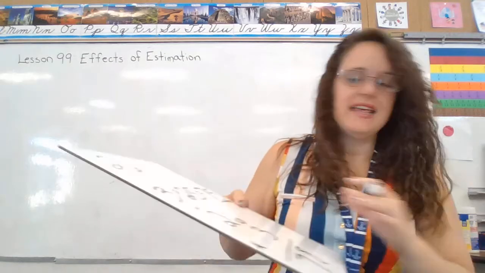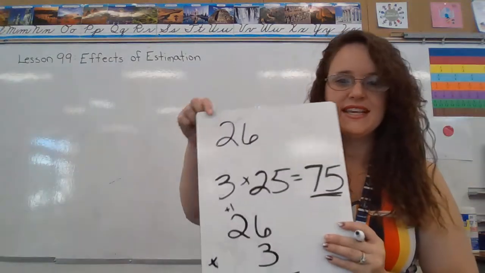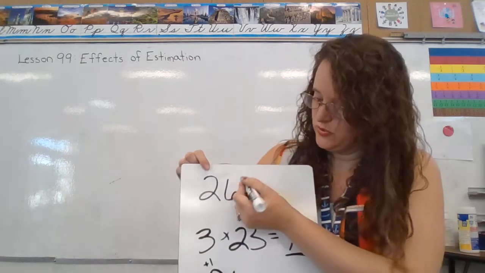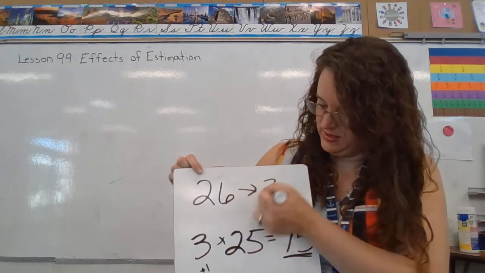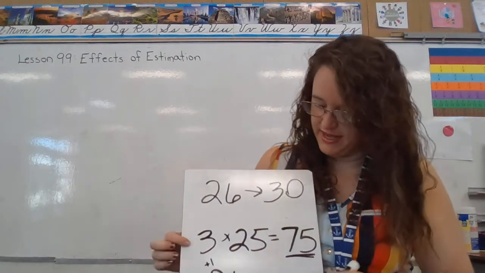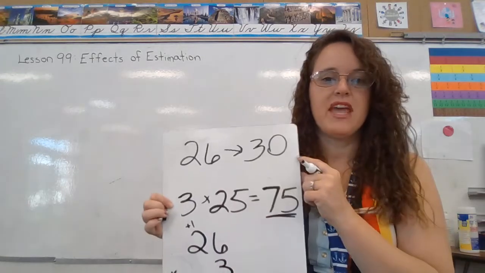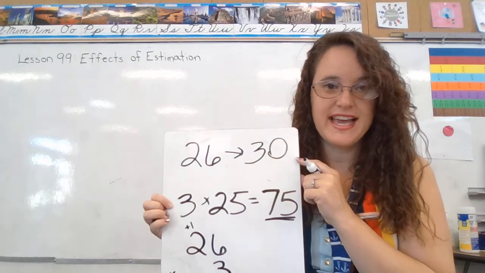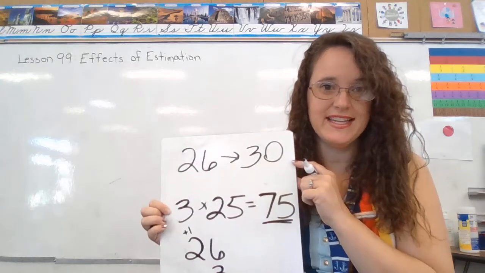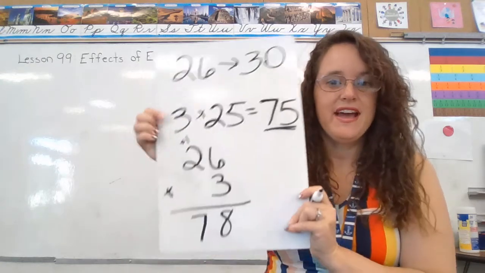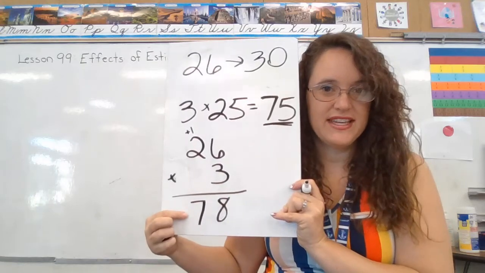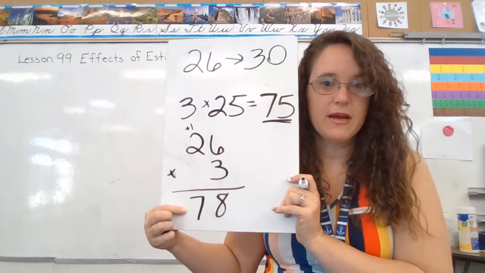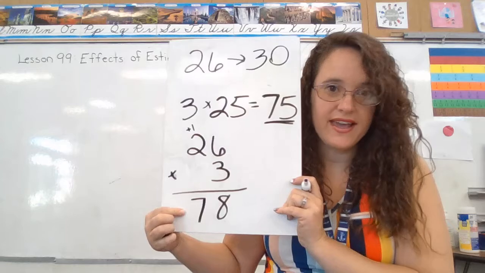All right, let's look at this. Let's pretend that we rounded to 30 instead of rounding to the compatible number of 25. If we did 30 times 3, 3 tens times 3 would be 9 tens, so 90. And now compare 90 to 78. See how we rounded up? So now our number is too high.